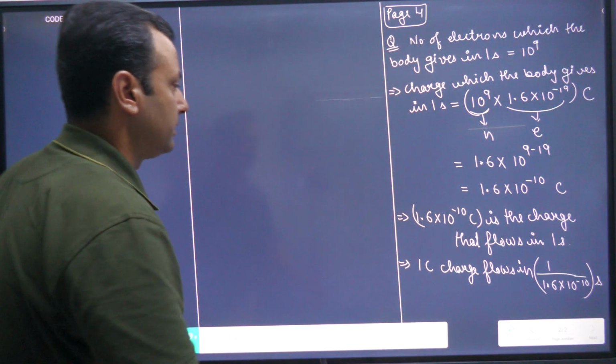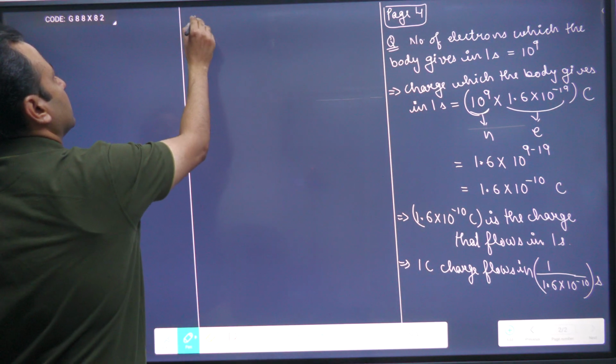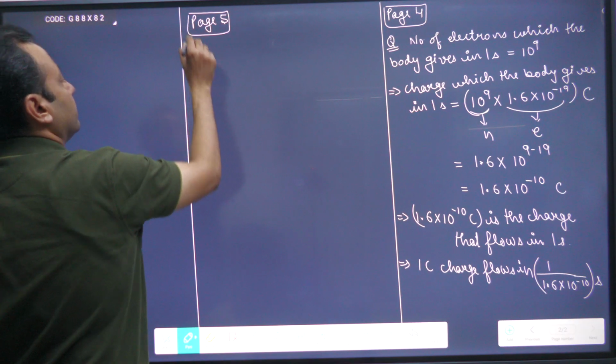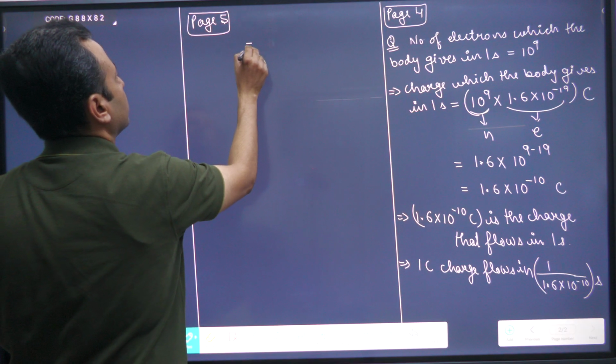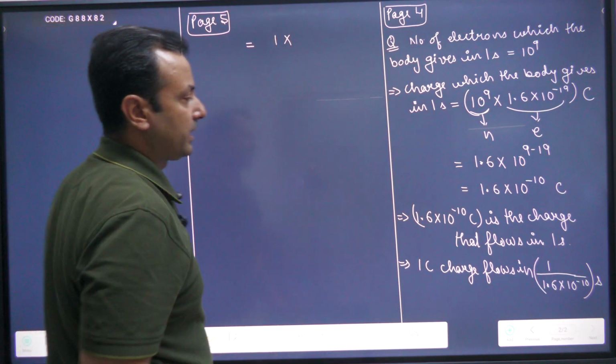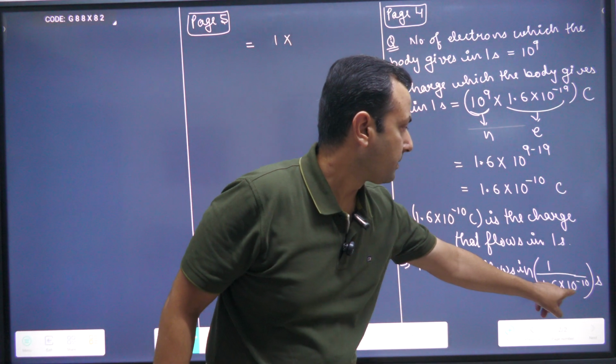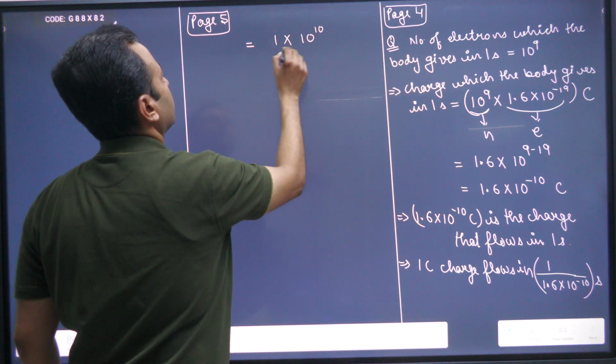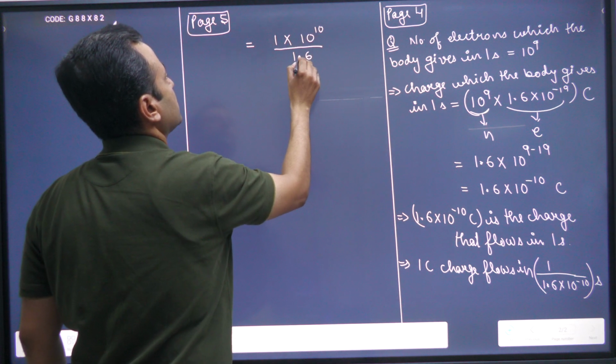1 multiplied by, take this 10 to the power minus 10 to the numerator. 1 multiplied by 10 to the power 10 upon 1.6.